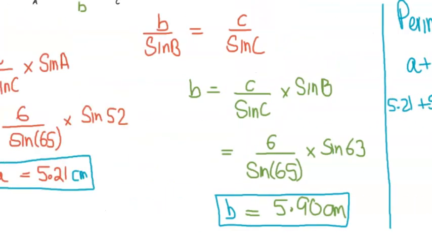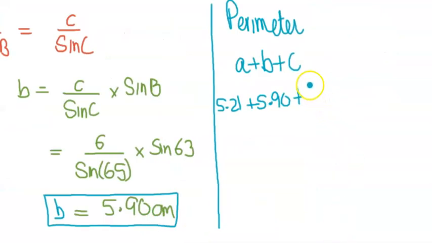And the value for the c was 6. So you add all of them, and that will give you the perimeter, which is 17.11 centimeters.